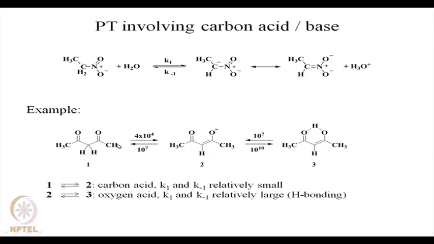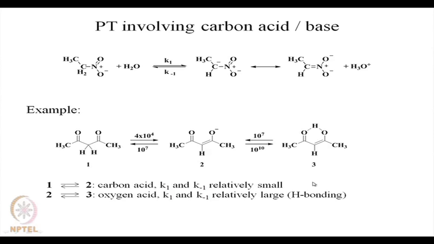So, the forward process is slower, but from here to here the back process is faster, because you see that these two are carbon acid, and these 2 to 3 it is an oxygen acid. So, therefore, this process is faster, probably because of this hydrogen bond formation.